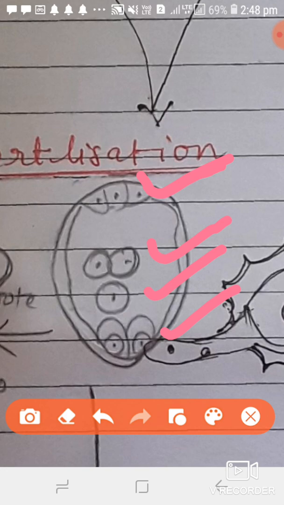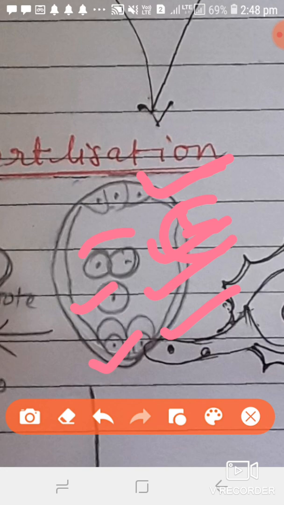As you already know from the previous classes, these are the two polar nuclei, this one is the egg cell, and these are the synergids along with the filiform apparatus. So the first fusion occurs with the polar nuclei, which forms the PEN, primary endosperm nucleus, and then the second fuses with the egg cell and forms the zygote.